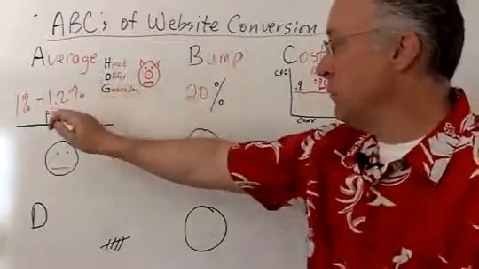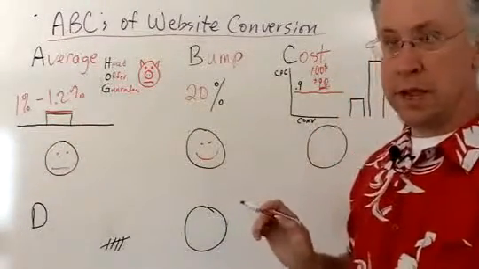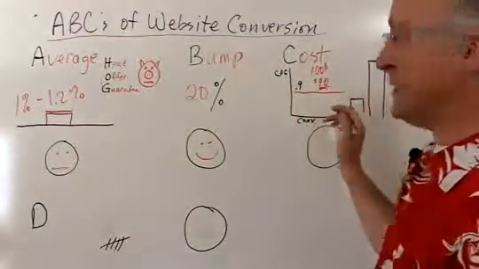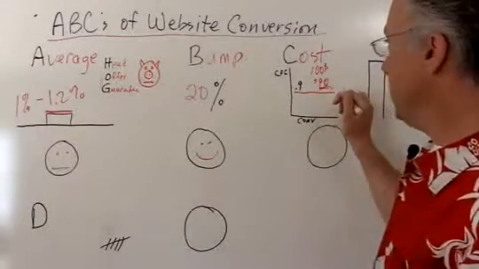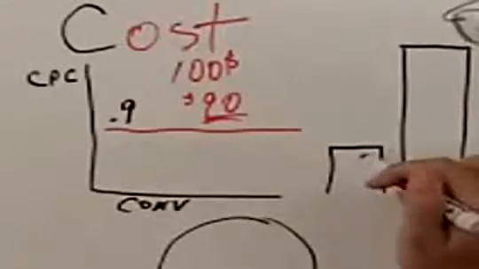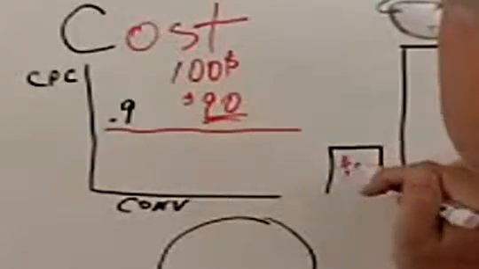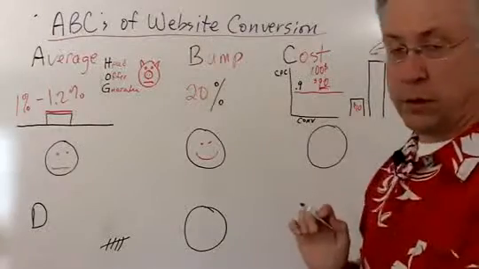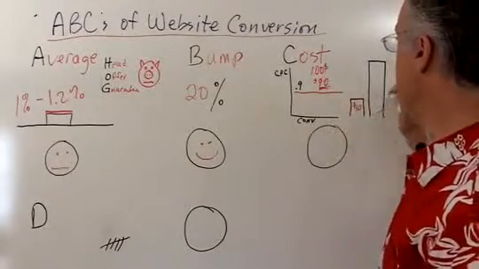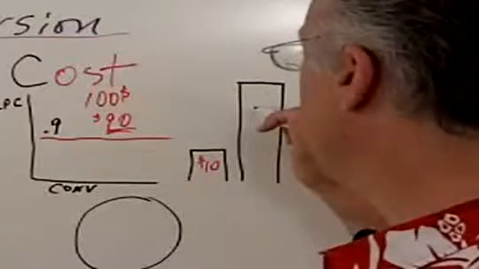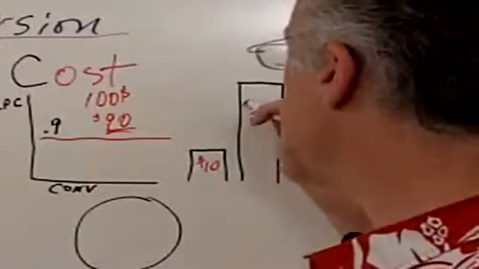Now, when you jump from 1 to 1.2%, your cost per conversion has not changed. In other words, when you spend $90, at 1% you're making $10 per conversion. But now you're still spending the same $90, but you're making $30.